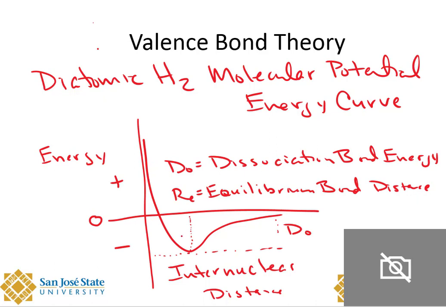But at the proper distance, we end up getting the greatest stability between our overlap of our wave functions described by H psi equals E psi and all of the interactions that should happen therein. Remember that these nuclei should be under a Coulombic potential because we have both a positive and negative charge from the electrons interacting with one another.